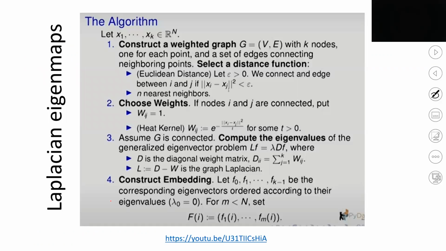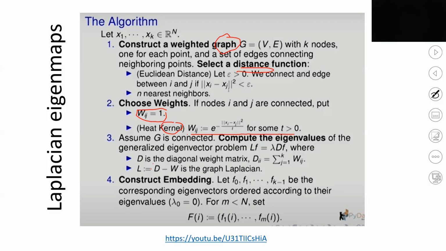So that's a summary of this algorithm. We will construct a weighted graph, and we will then select a distance function. If they're connected, you put 1, or you can use some kind of transformation, a heat kernel, to transform this weight.